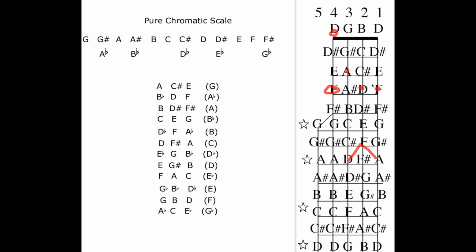Either a 4-finger version or a 3-finger version. The 3-finger version with that low D sounds very full, but if you use the closed F, you have a movable chord, as it's called. So this D minor can be slid up the neck for what's called a movable shape.